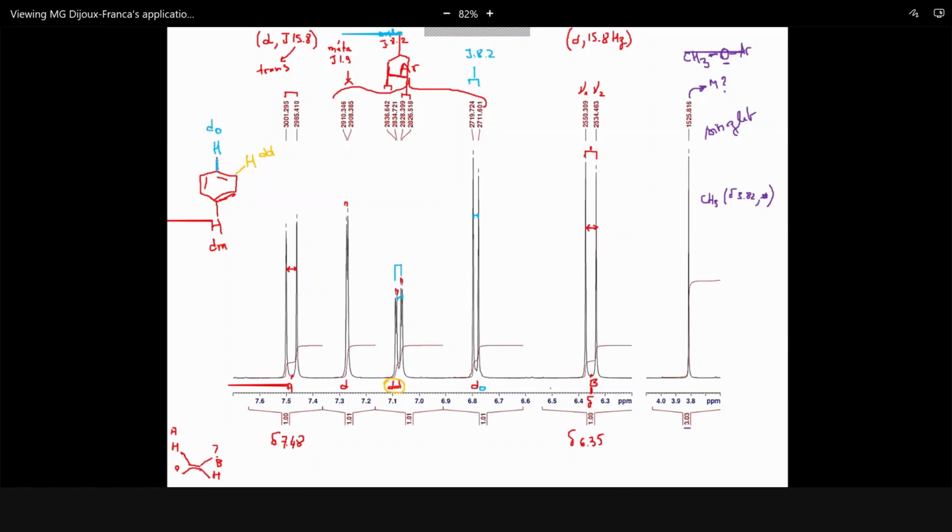So I have a meta coupling here and an ortho coupling here. And between this one and this one, I have no coupling because it's a J5 and it's a little bit too far to be observed and measured. And here the blue one has only one coupling observed or measurable. It's the ortho coupling.